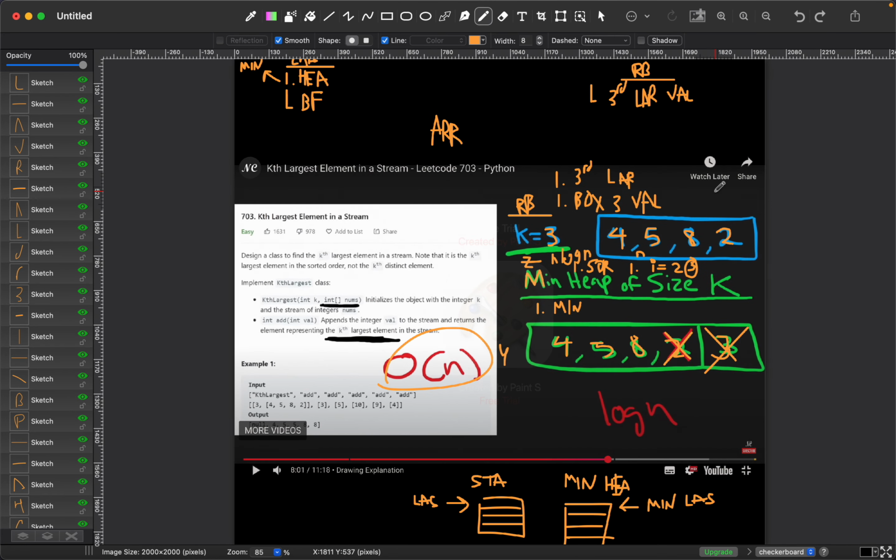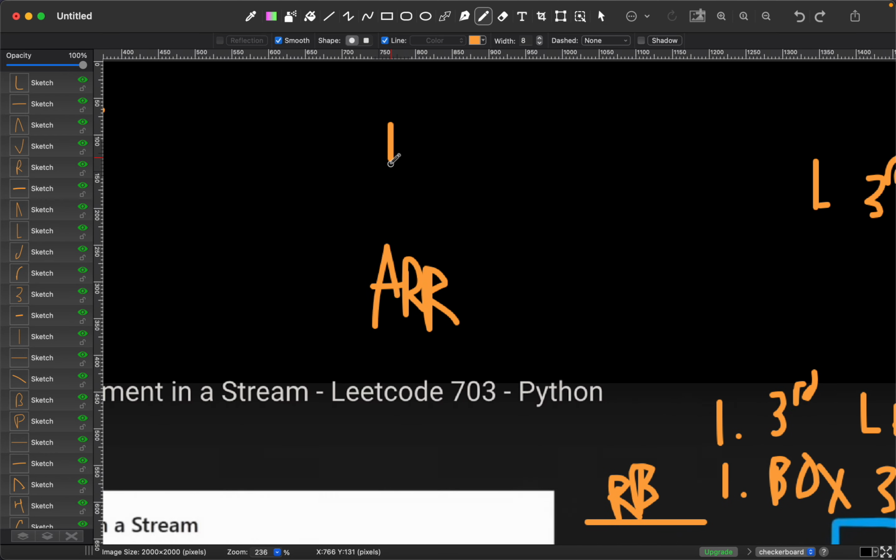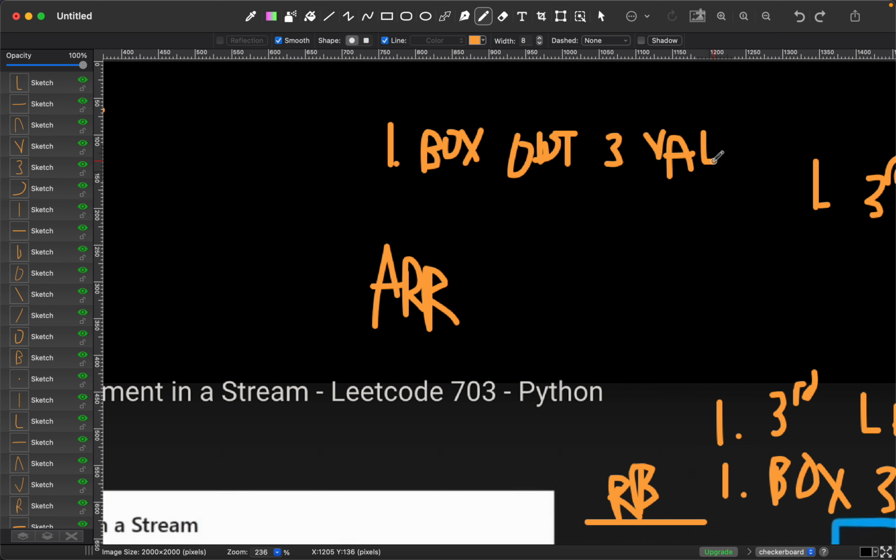And obviously we introduced this whole algorithm of having this min heap, where first and foremost we try to box out the 3 values.